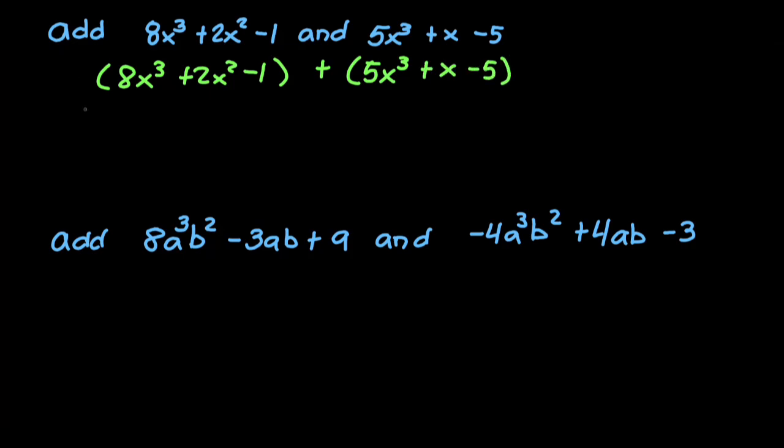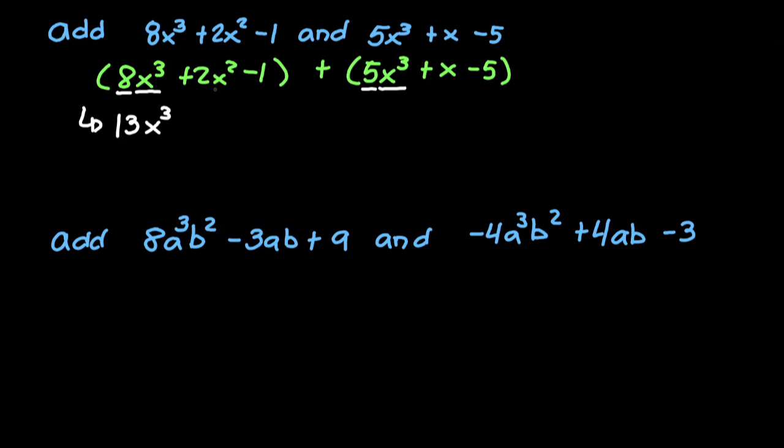So now we are going to add like terms once again. There is x cubed here and there is also x cubed here. They are the same. So add the coefficients, which is 8 and 5. 8 plus 5 is 13x cubed.